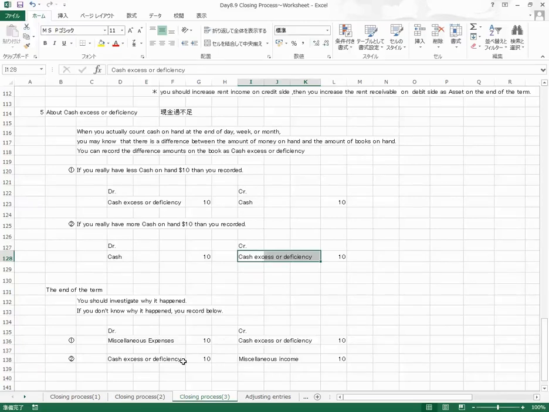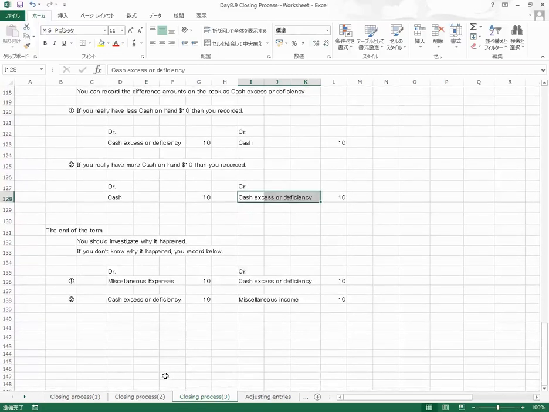If you don't know why it happens, you record miscellaneous expense 10 and cash excess or deficiency 10. But if you find that it was a travel expense of 10 that you missed recording, then you put not miscellaneous expense but traveling expense 10 and cash excess or deficiency 10.